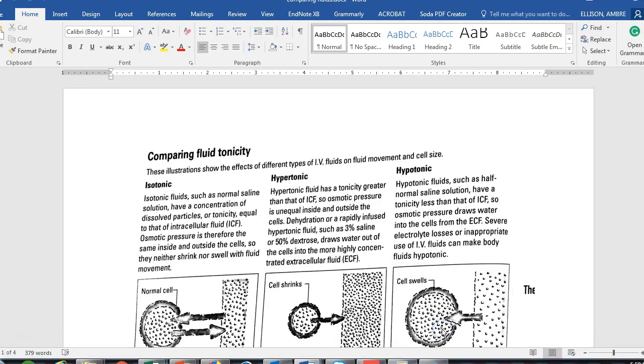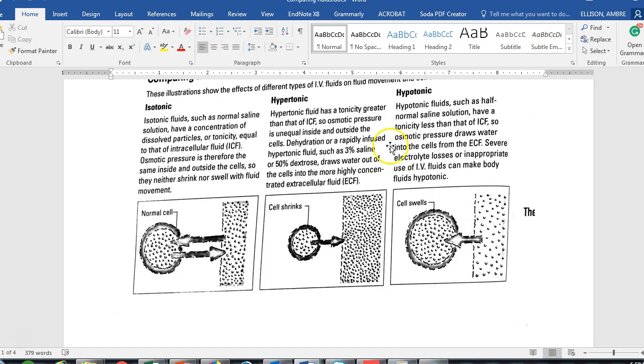So then we talked about fluid tonicity. So we have isotonic, hypotonic, and hypertonic. So isotonic fluid is basically the same ECF, ICF. It's the same serum osmolality. So there's no real exchanging between the two.